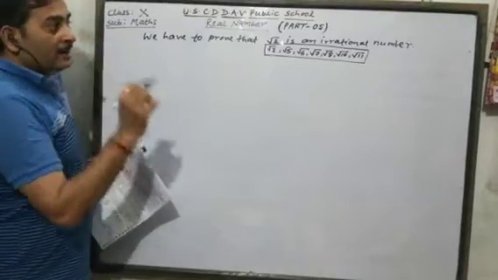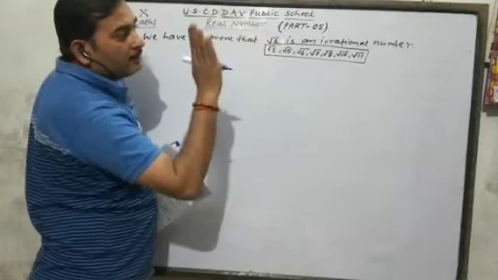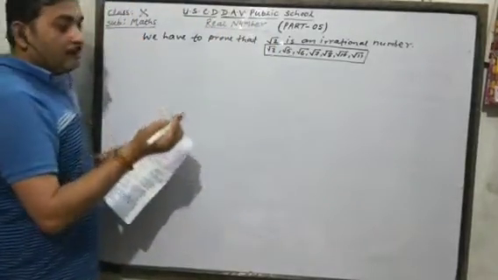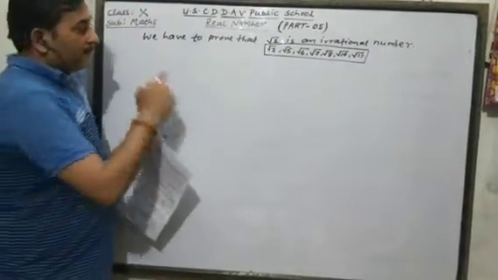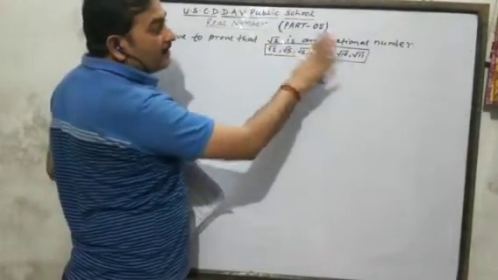So let us first suppose that root 2 is not an irrational number. Then what will we suppose? We have to suppose that root 2 is a rational number.